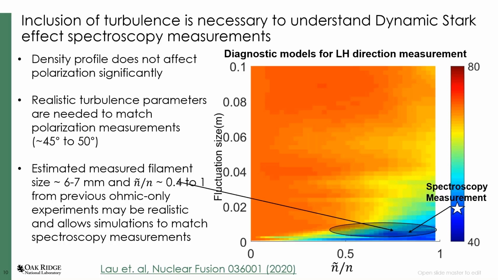It turned out that the spectroscopy measurement I mentioned before is closer to 45 degrees, and the measurement and model will only match in this little operating space that I highlighted in the oval. We didn't actually measure the fluctuations on these experiments, but on previous experiments that were admittedly somewhat different, the filament sizes as well as the density fluctuation amplitudes do lie in this range. So this gives us some confidence that the measurements and modeling match.